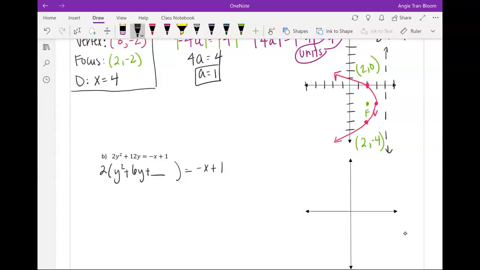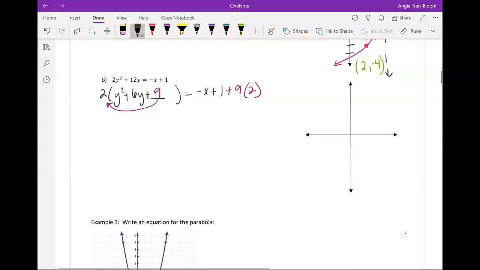We do not need to complete the square for the x because we don't need to factor that out. Half of 6 is 3, 3 squared is 9. We're going to add 9 over here, but that 9 is really being multiplied by 2, so this is really 9 times 2. This is now factored as (y + 3) squared equals -x. 1 plus 18 is really now 19. And then we're going to get rid of this 2 in the front very soon.